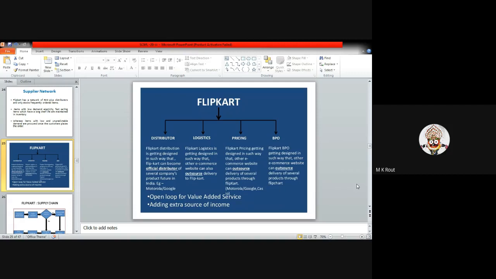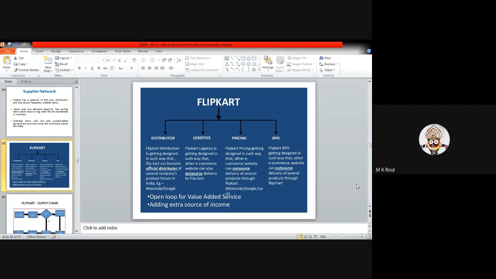The next important part is pricing. We have already discussed pricing, because due to this pricing strategy, a larger number of competitors will arise. For example, in the case of Amazon, the pricing strategy is designed in such a way that other e-commerce sites can outsource delivery of several products to Flipkart. It also includes Motorola, Google, Casio.